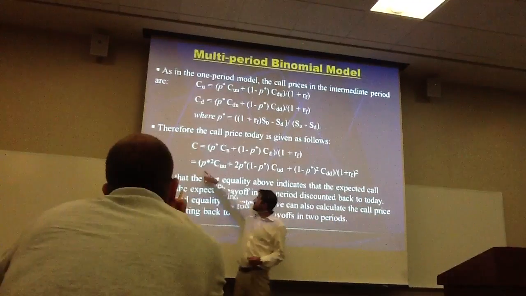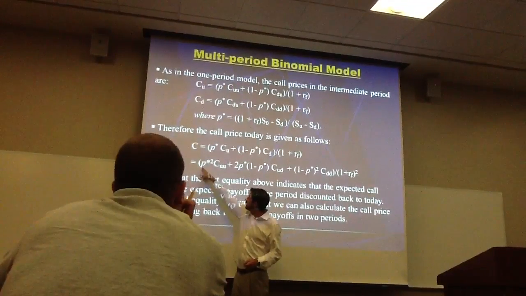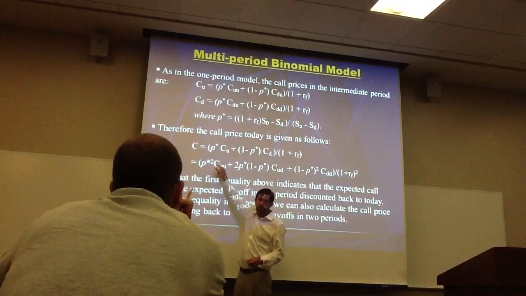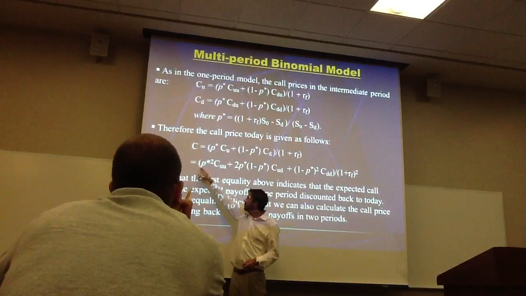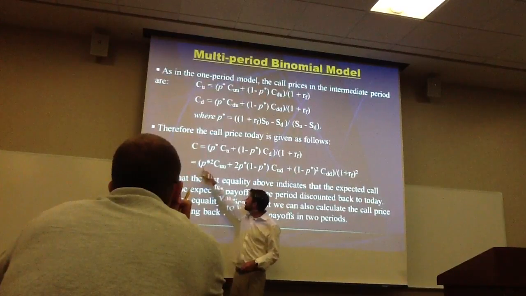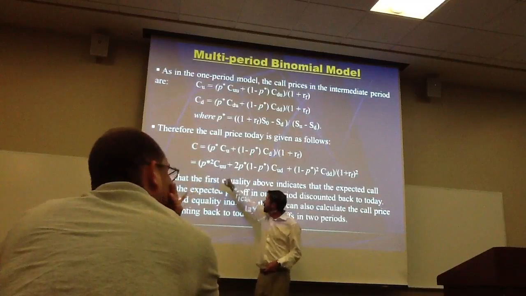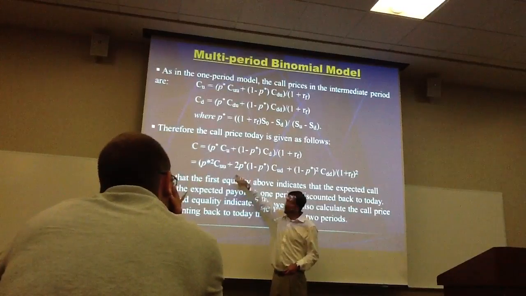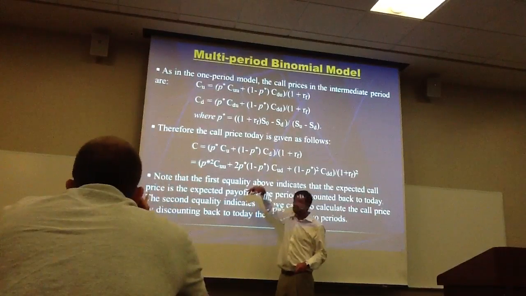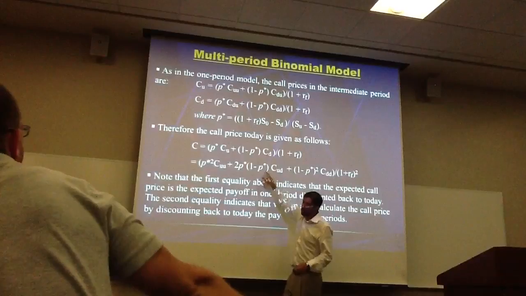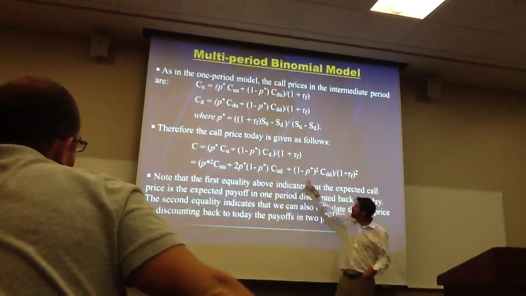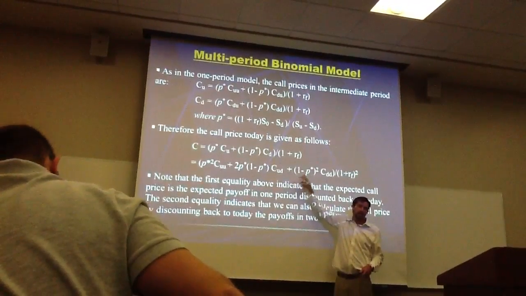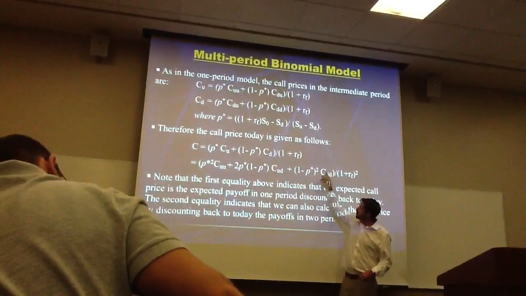The probability squared times the call in the upstate, that's what I did when I said 0.4 times 0.4 equals 0.16, times that 300, plus 2 times the probability that you moved up, down, that's because there were 2 paths, times the value in the middle, plus 1 minus the probability, that was 0.6 squared, times the value in the downstate.